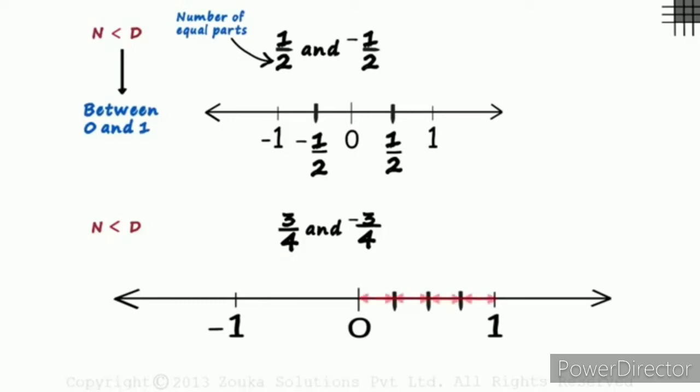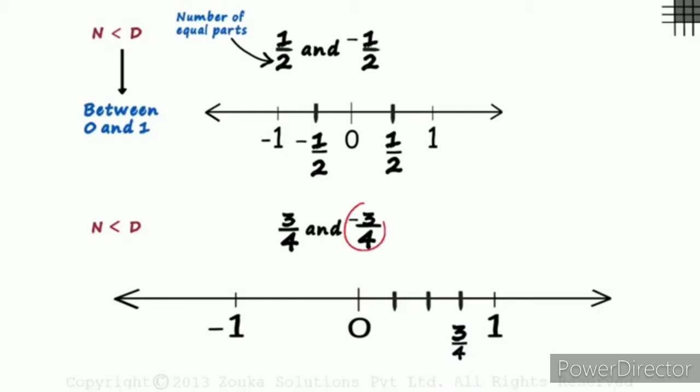Drawing these 3 lines gives us 4 equal parts. Now we move to the numerator. The numerator tells us the number of parts from the number 0. Since the numerator is 3, we move 3 equal parts from 0. 1, 2 and 3.